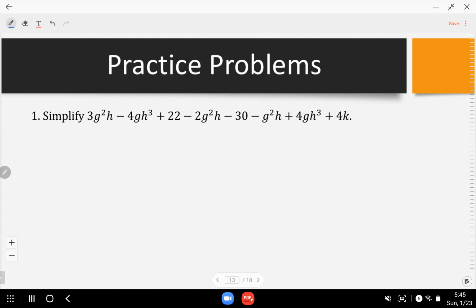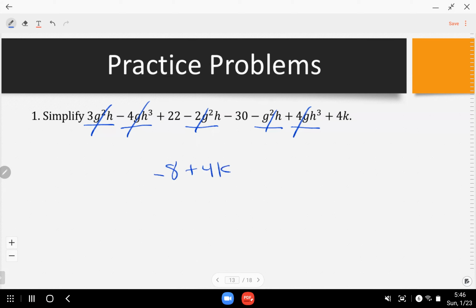But let's start again. I give you that little hint. These 3 terms basically cancel out, so you don't need them anymore. What is this? Negative 4gh cubed, positive 4gh cubed, canceled out. What is this? 22 minus 30, easy, negative 8, plus 4k.